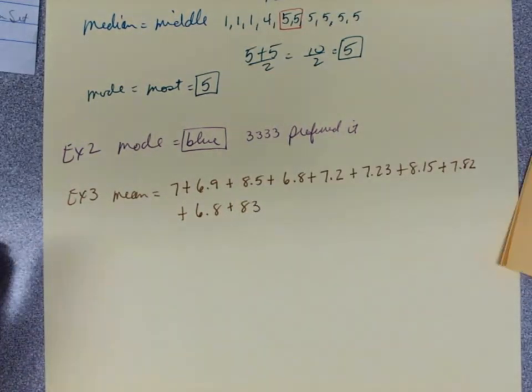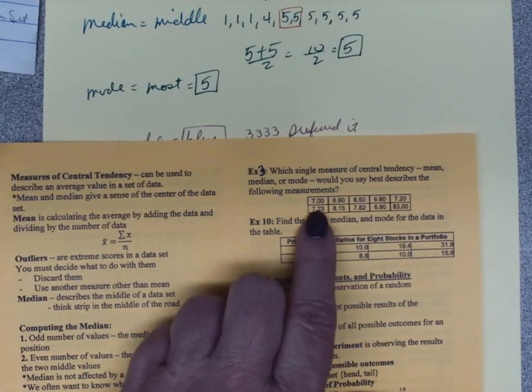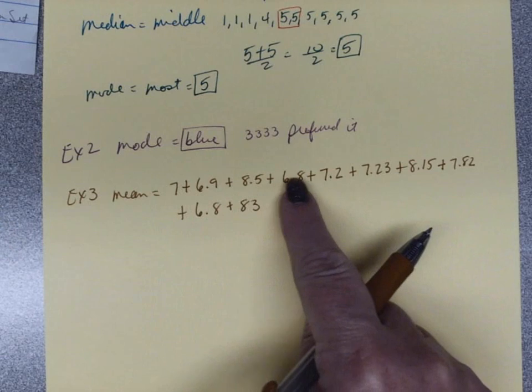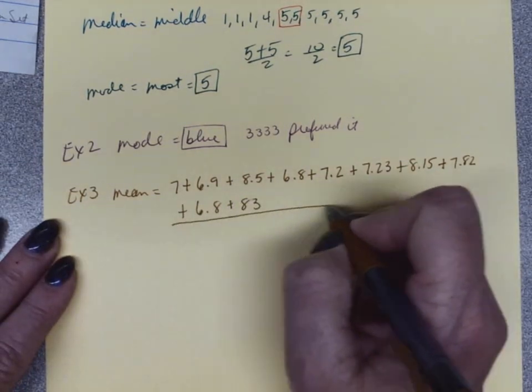Now, let's make sure we have all of our numbers. We've got 1, 2, 3, 4, 5, 6, 7, 8, 9, 10. I always want to make sure I didn't leave one off.